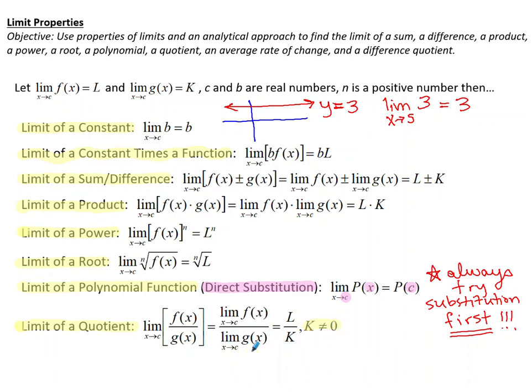If the denominator equals 0, we cannot use this property. So again, we want to make sure we note this is only okay for when that denominator is not equal to 0.